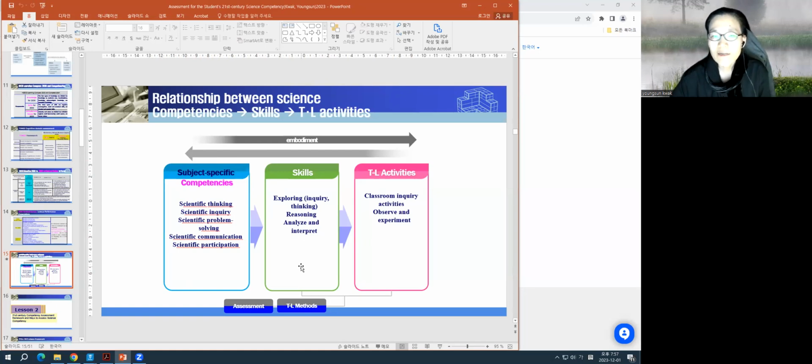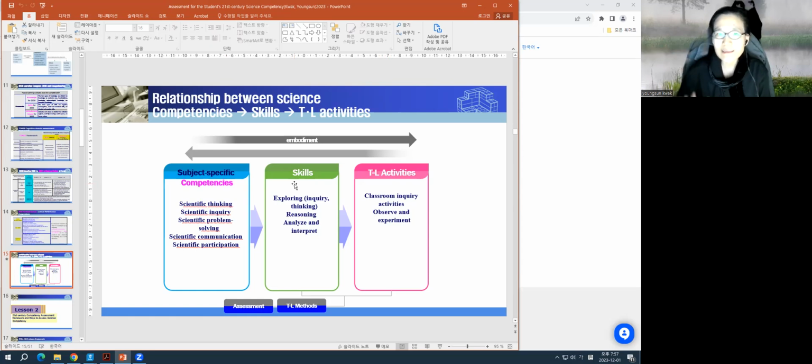And then we teach and learn those science skills through teaching and learning activities in the science classroom. So this is the connection, starting from the curriculum, and then going to teaching and learning.